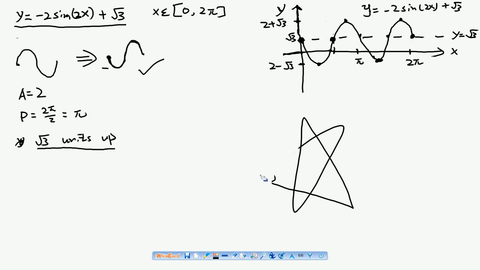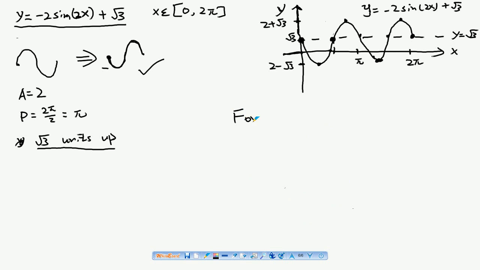Now let's find the x-intercepts. For x-intercepts, we need to make y equal to 0.